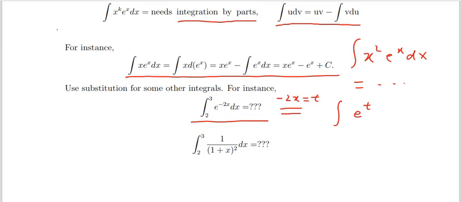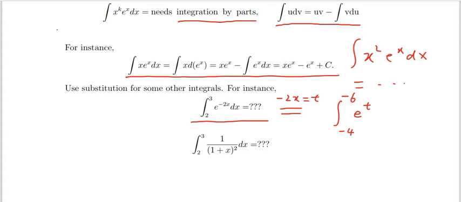If we change negative 2x to t, then we need to change everything. For example, for the lower and upper bounds: when x equals 2, t equals negative 4, right? When x equals 3, t equals negative 6.